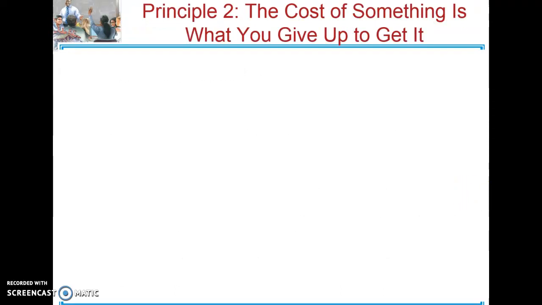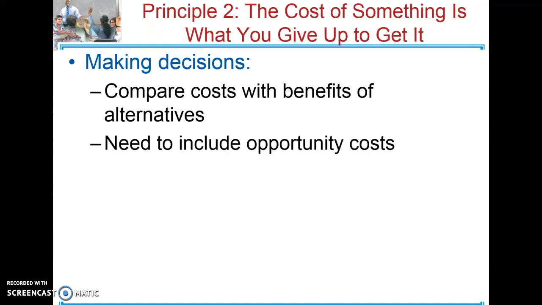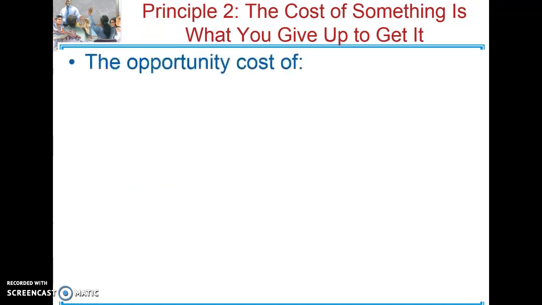Second principle, the cost of something is what you give up to get it. So we make decisions. You compare the costs with the benefits of the alternatives. You need to include what we call opportunity costs. An opportunity cost is defined as whatever must be given up to obtain the same item.